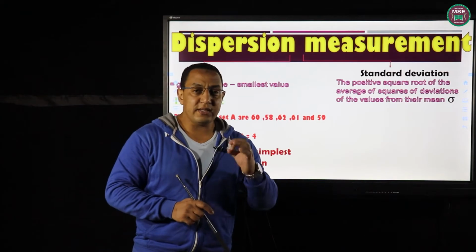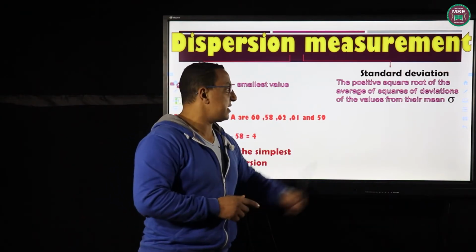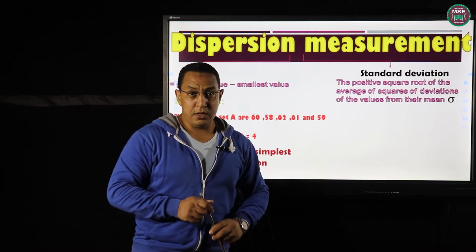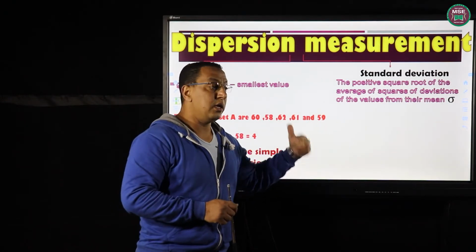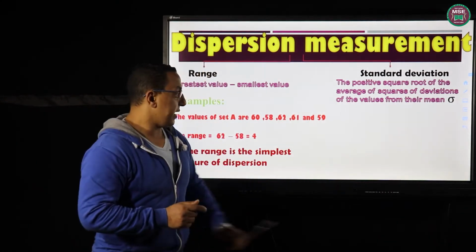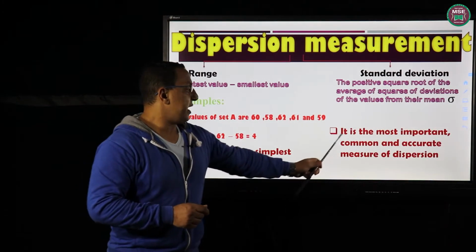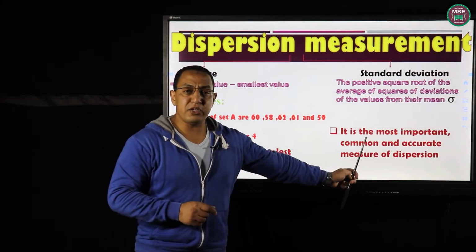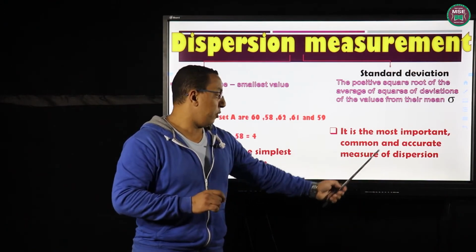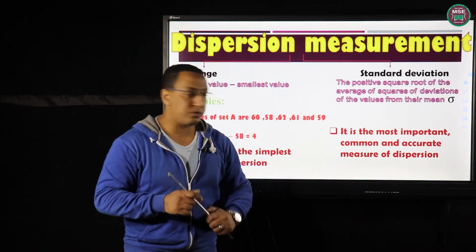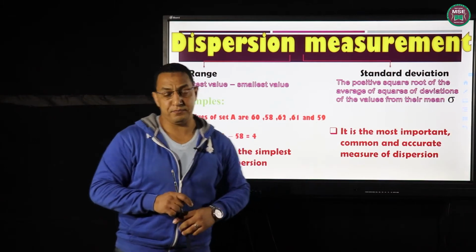We don't need to memorize this definition, but I'm going to explain its meaning in the next examples. The standard deviation is called the most important, common and accurate measurement of dispersion. Why?